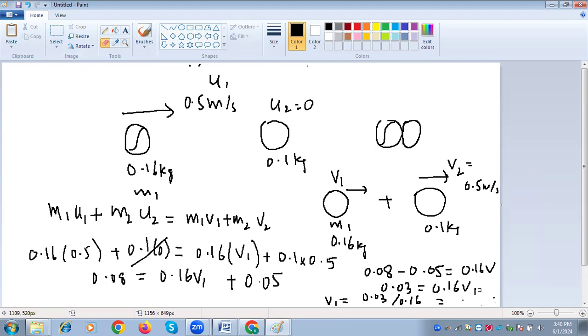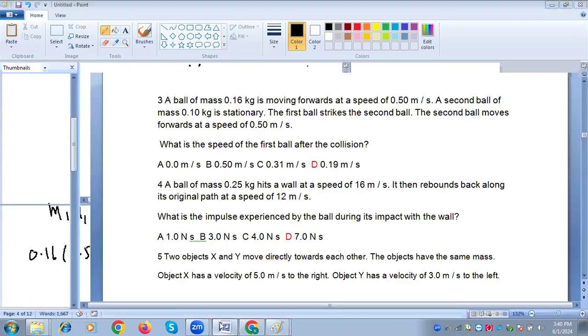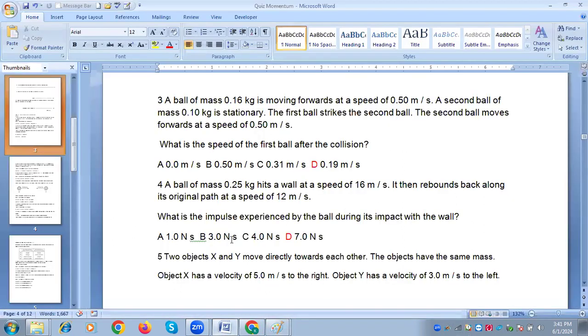The answer is 0.187. Let us check the answer. So this is rounded off 0.19. Okay, mine is 0.187.